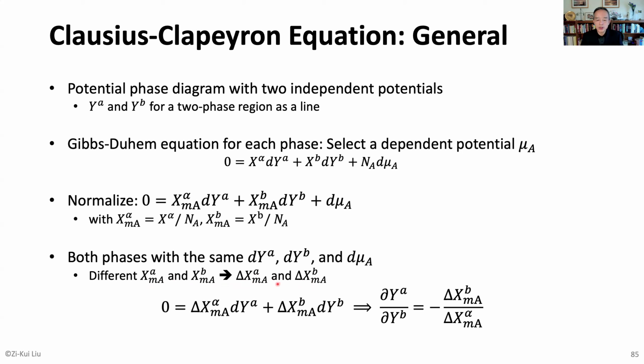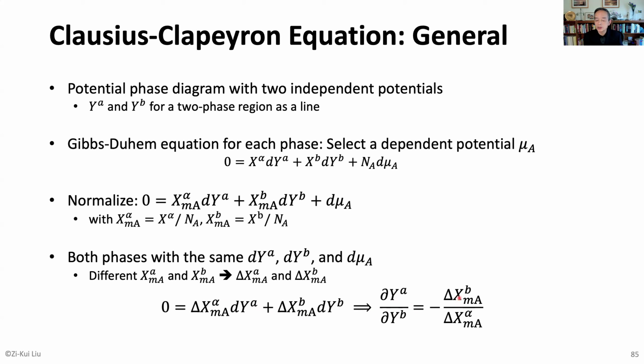So then we have this equation. Because mu A cancels for both phases, we get the delta XA, delta XB, dYA, dYB. Then just rearrange it. You get this YA to YB derivative equal to minus this difference. This is very different from the one component system, right?